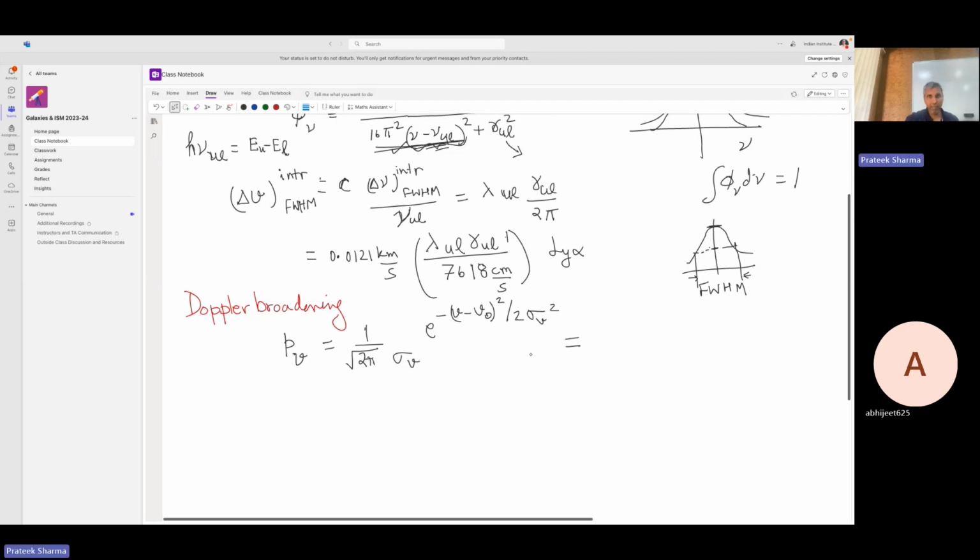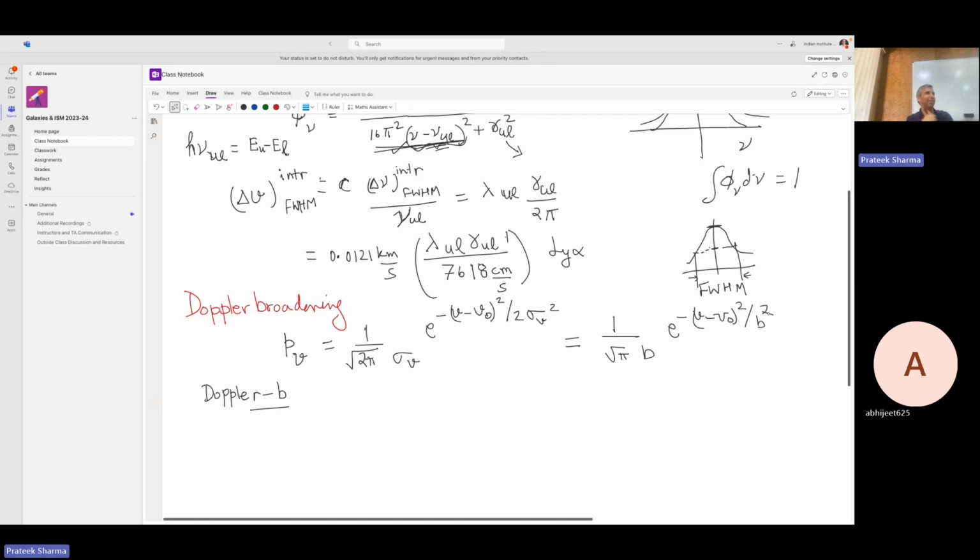And sometimes there is something called the Doppler B parameter that is used, and that is nothing but square root of 2 times sigma. So in terms of Doppler B, this is just 1 over square root of pi B, e to the minus (v minus v naught) whole squared by B squared.